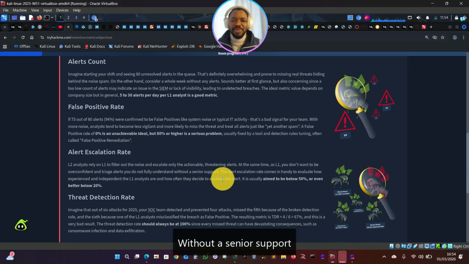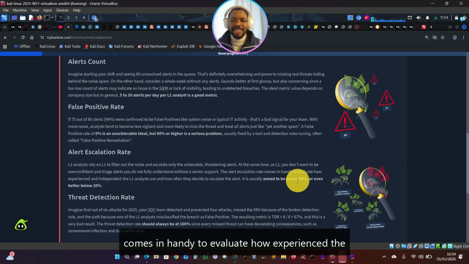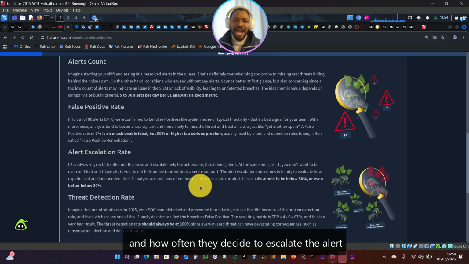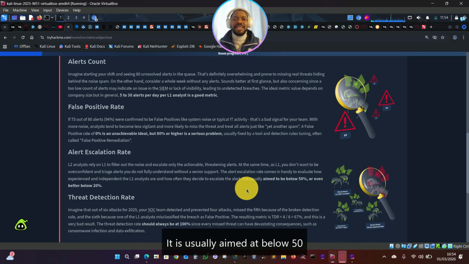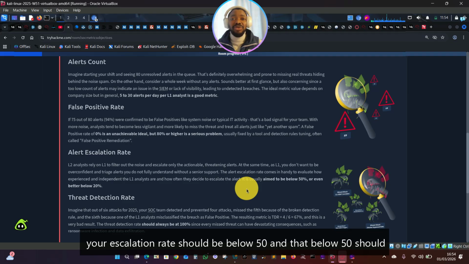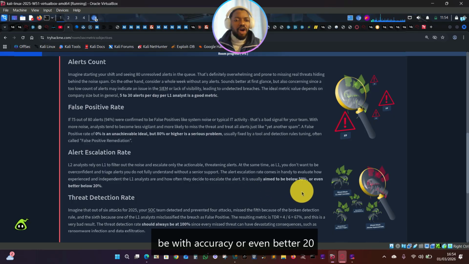Without senior support, the alert escalation rate comes in handy to evaluate how experienced the L1 analysts are and how often they decide to escalate the alert. It is usually aimed at below 50, meaning as an L1 analyst, your escalation rate should be below 50. And that below 50 should be with accuracy, or even better, 20.